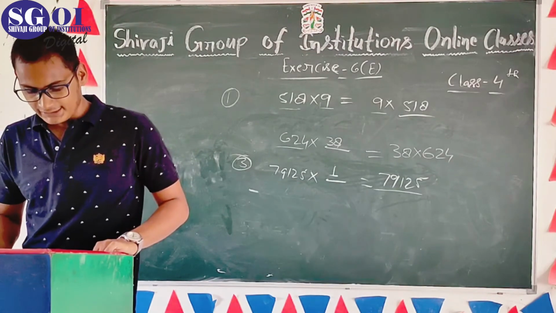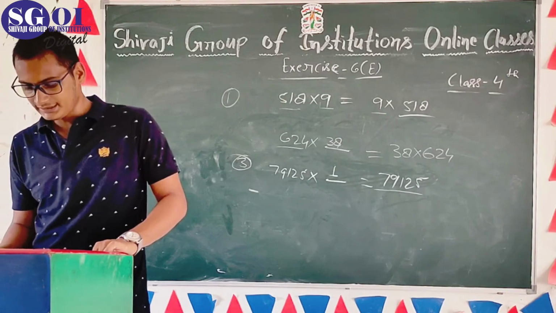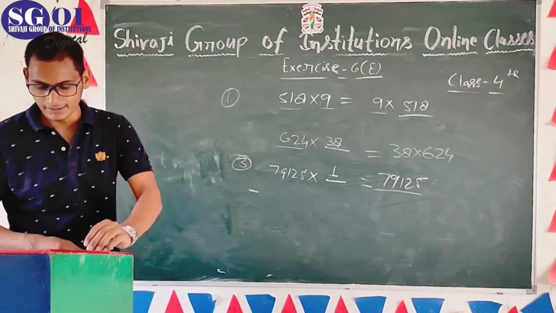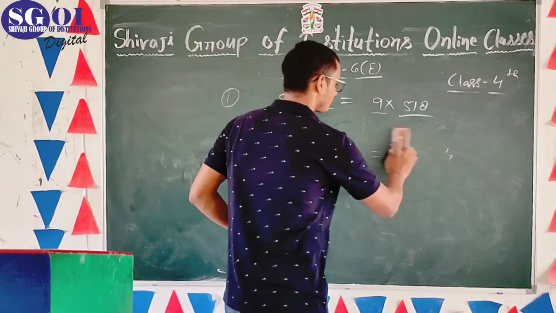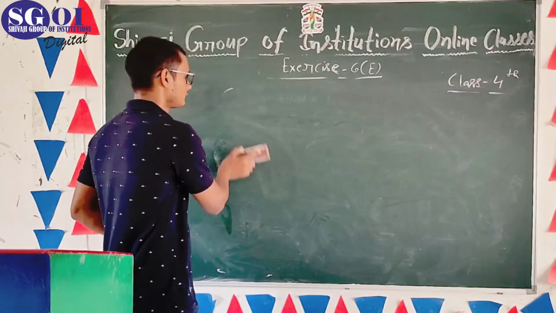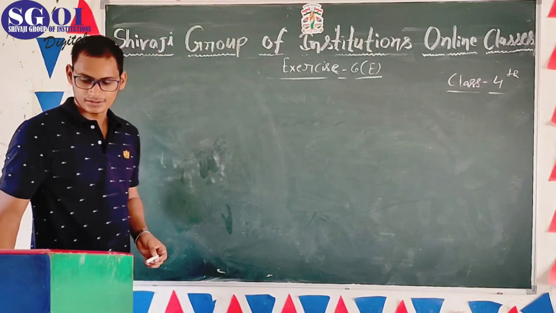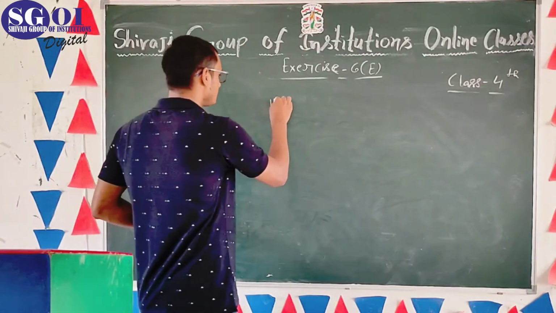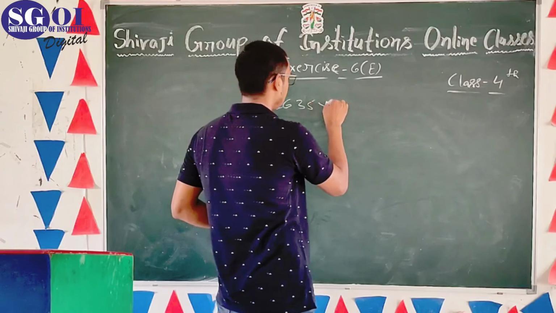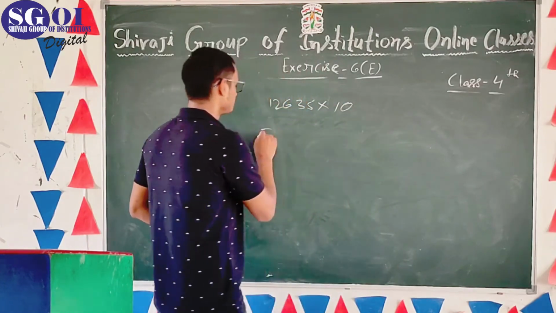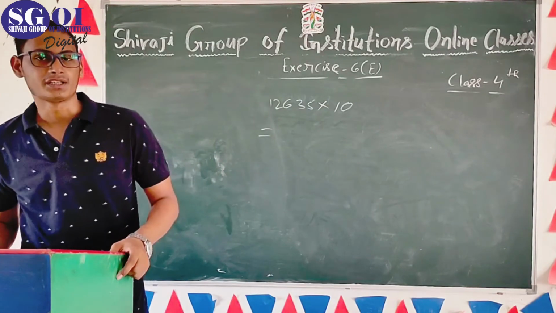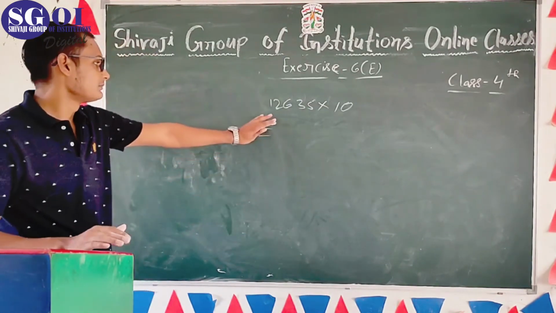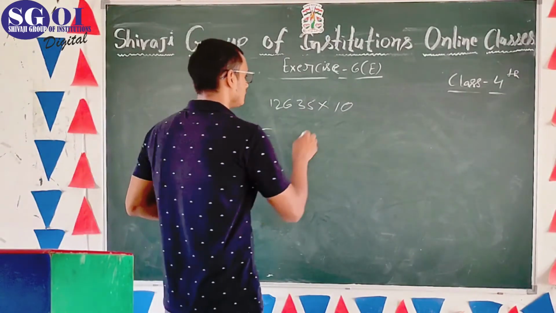Next, part B, find the following products. Question number 1 is 12,635 multiplied by 10. This is the multiplication by 10 method.